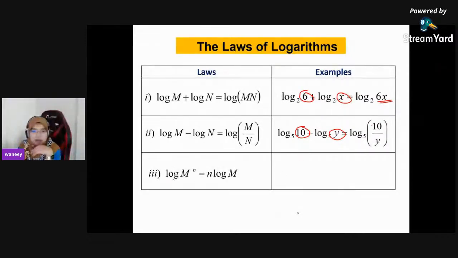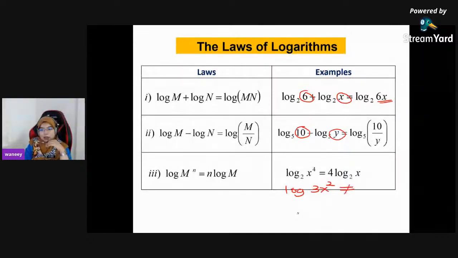Okay, so now log m to the power of n. This is what I used before this. If we have some power, we can actually bring the power in front, so it will become n log m. For example, if you have log 2 of x to the power of 4, this is actually 4 log 2 of x. And there is one thing that I should remind you. If you have log of 3x squared, this is not equal to 2 log 3x.